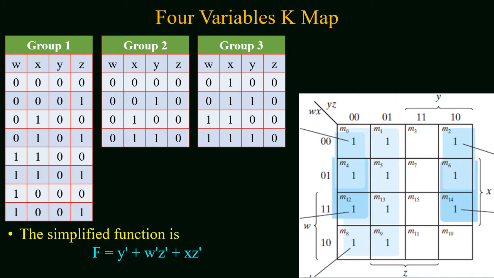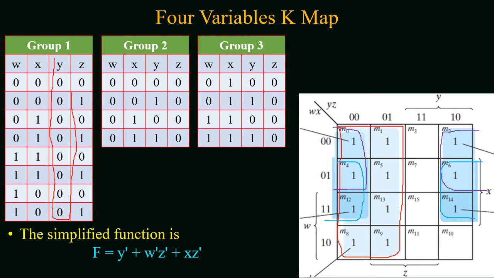So after forming 3 groups of adjacent squares, we will simplify each group for the simplified term. Group 1 has 8 members, so the simplified term will consist of 1 literal. Among the 8 adjacent squares, the variables that change are w, x, and z. The variable whose value is constant throughout the 8 terms is y and it has a value of 0.